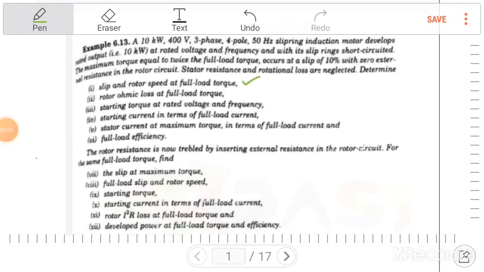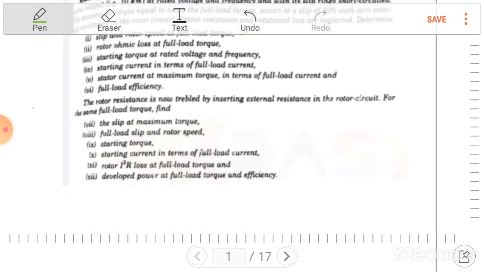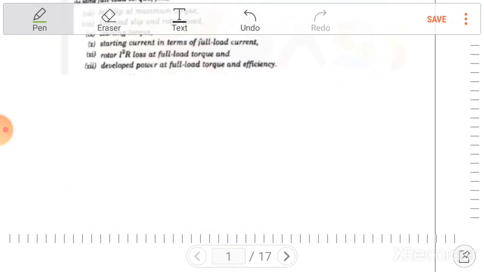In the first part, slip and rotor speed at full load torque is asked, so let's find it. It is given that torque at maximum condition is equal to 2 times the torque at full load, and one more hint is given: S at maximum torque is equal to 10% or 0.1.